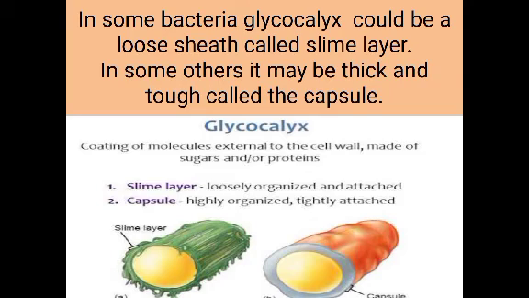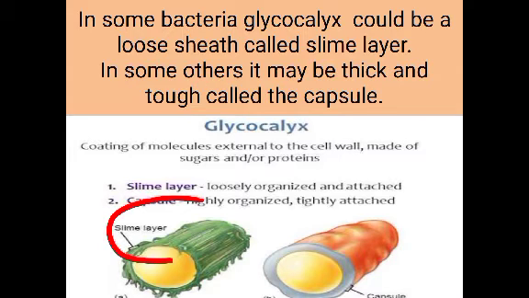Okay. In the previous slide, we have seen that the cell envelope is formed of glycocalyx, cell wall and the cell membrane, isn't it? The glycocalyx will differ in composition and thickness in different bacteria. It can be a loose sheet called the slime layer in some of the bacteria, and in some it becomes a thick and tough structure called the capsule. So here in the picture also you can see, okay, the first picture.